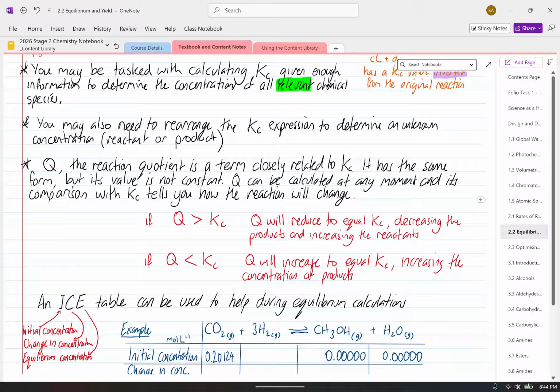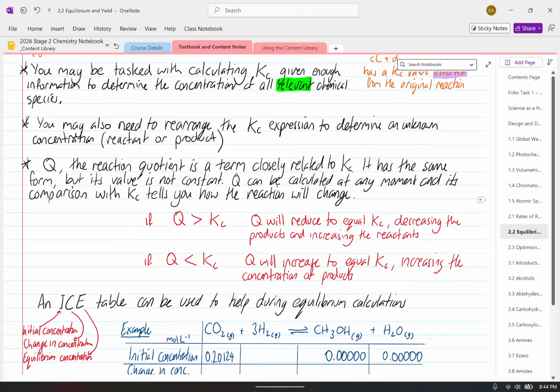Okay. Now, when we're doing these sorts of problems, there's a method you can use to work out all the values relative to each other for a particular reaction. This table here is what we use. It's called an ICE table. I stands for the initial concentration of our chemical species.